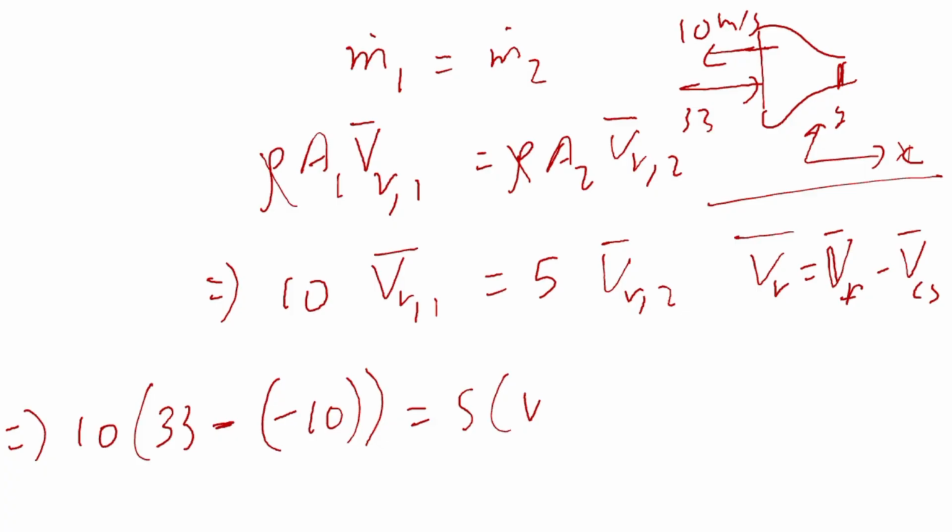If you want to find the absolute velocity out here, you have to do the same thing. V2, if it is in the positive direction, and then you'll have minus 10.